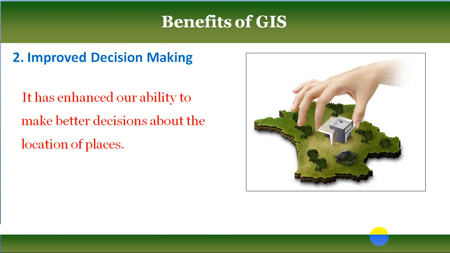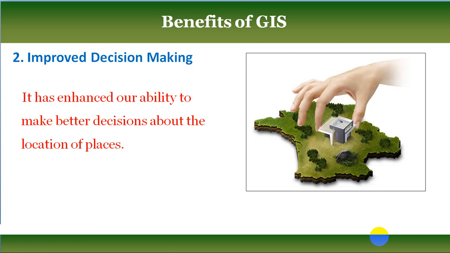Examples include real estate site selection. As a property dealer, you have to choose an appropriate site for construction of an apartment, building, or bungalow. Example of zoning, example of town planning, example of conservation, route selection, and natural resource extraction.